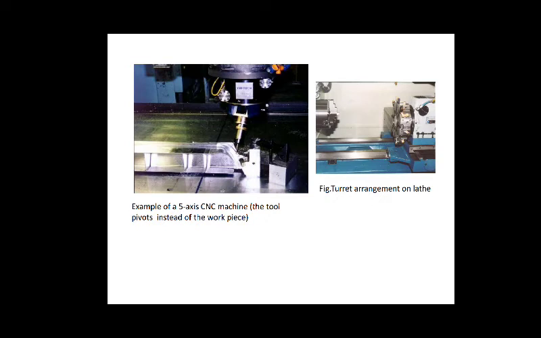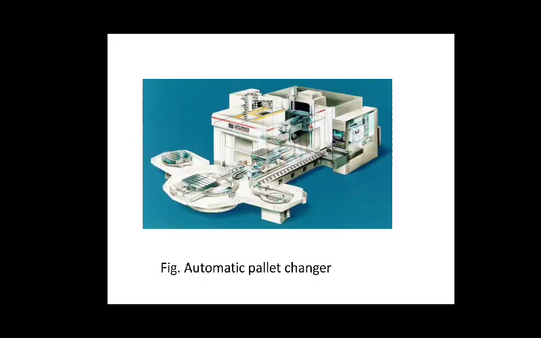Now next we are going to see the automatic pallet changer. Before that, let us see what a pallet is. The workpiece is placed on a pallet, which can be oriented in different directions by the machine. Automatic pallet changeover systems are used in modern CNC machines.